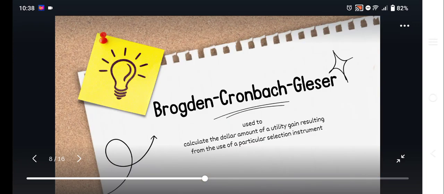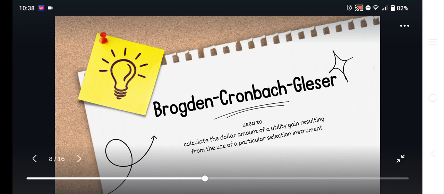Ito naman po yung pangalawa: Brogden, Cronbach, Glesser. This is a utility formula.